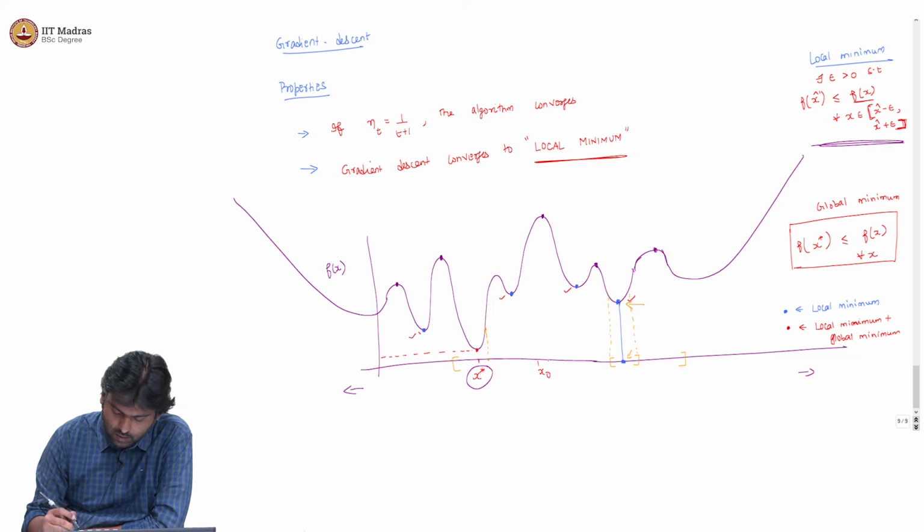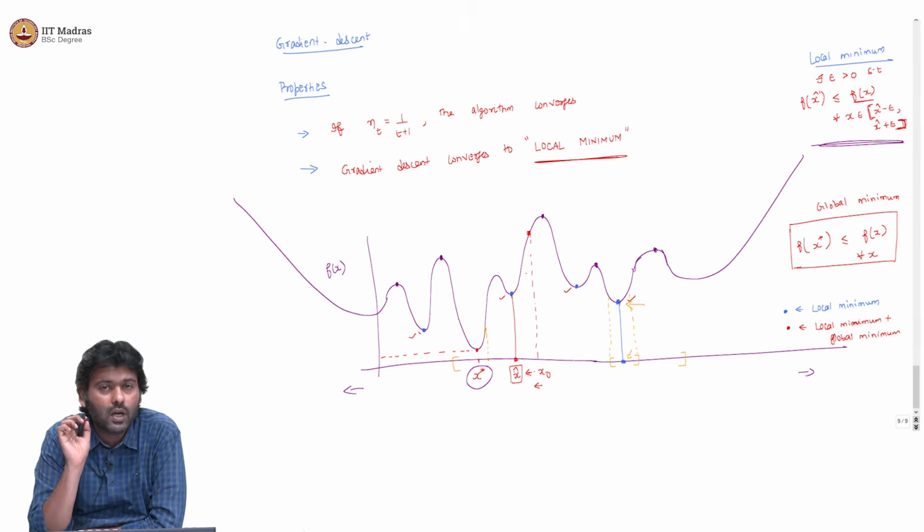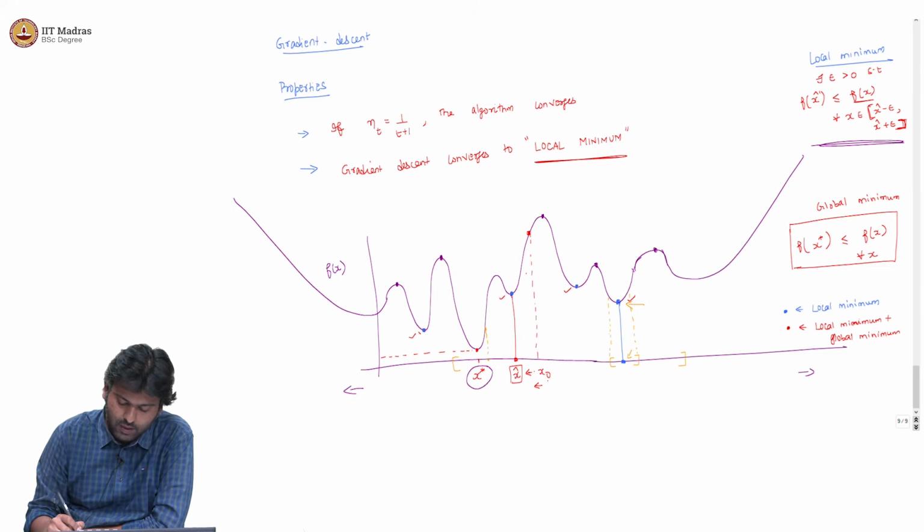So, this was my x naught, let us say, which means my function's value is somewhere here. Now, I will find that the direction of movement is towards the left. I will keep moving to the left, and what will happen is that I will reach this local minimum x hat, right, and I will converge to this x hat, right.